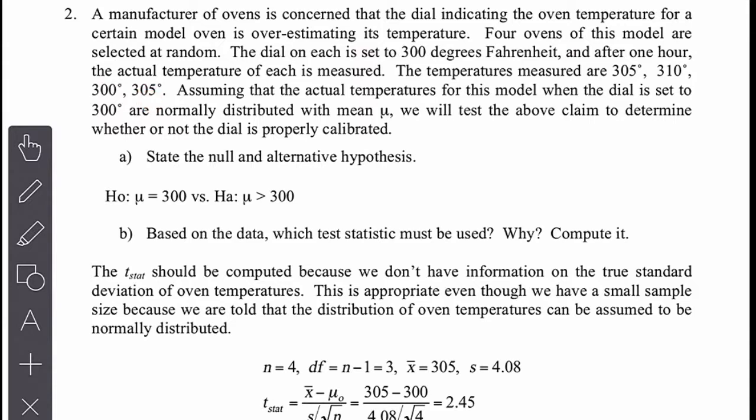Assuming that the actual temperatures for this model when the dial is set to 300 are normally distributed with a mean mu, we will test the claim to determine whether or not the dial is properly calibrated. We are suspicious that it's overestimating, so that's your keyword here. Overestimating means it must be higher.